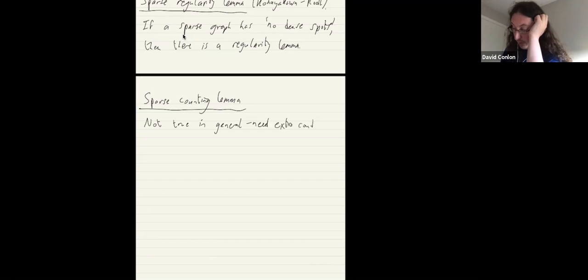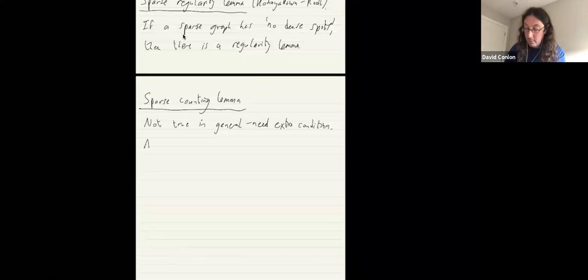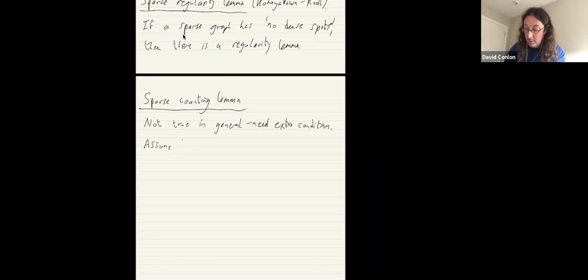And typically, the extra condition is that you assume that the graphs you're dealing with are contained in some very nice graphs. So, the work that's been done before, you assume that your graph is a subgraph of some random or pseudorandom graph.